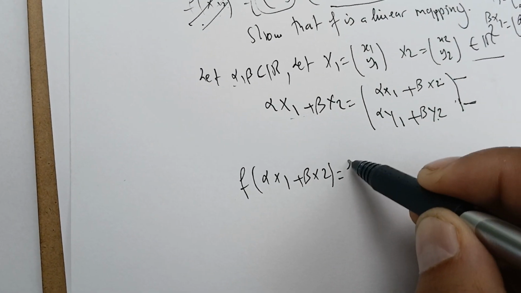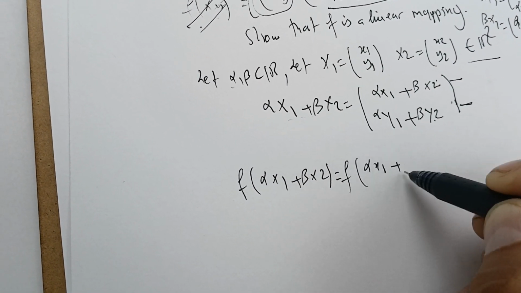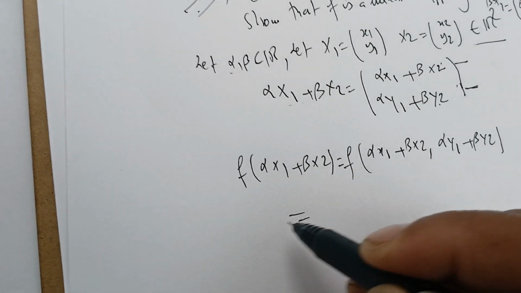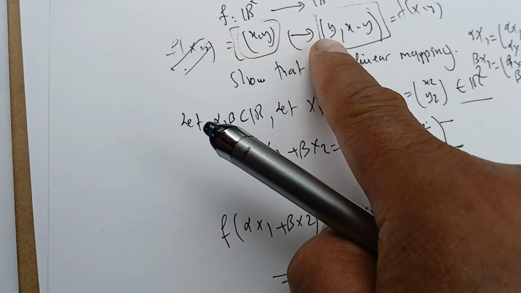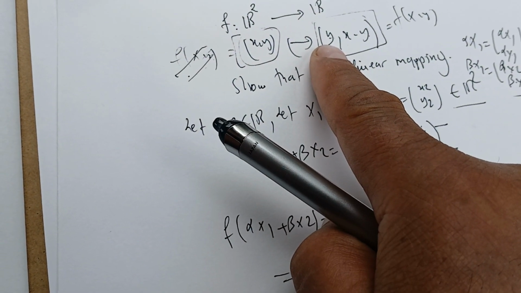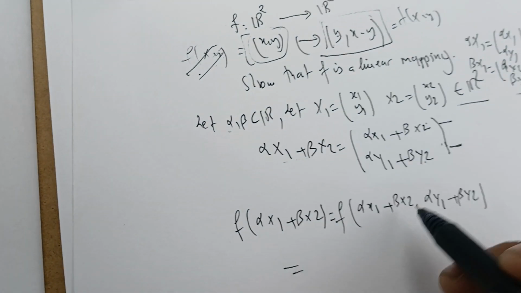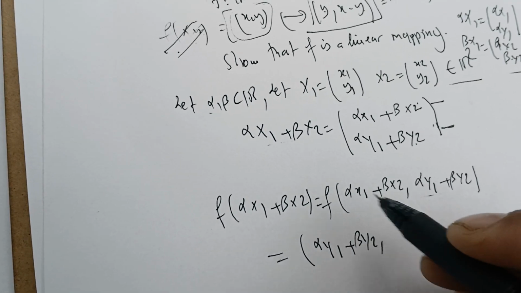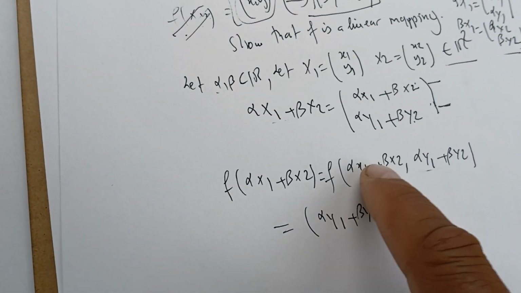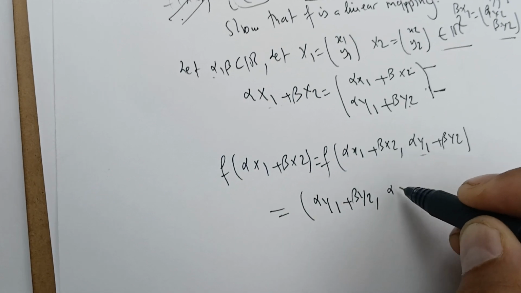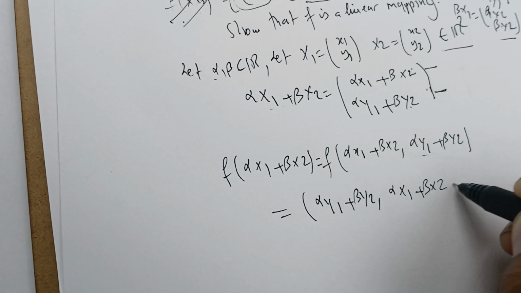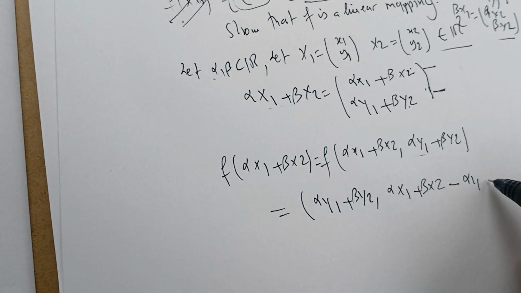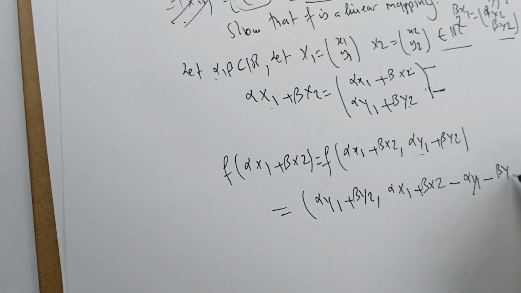So here we have f(αx1 + βx2, αy1 + βy2). The first component in the image is y, which is αy1 + βy2. The second one is x − y, where x is the x component, αx1 + βx2, minus y, which is αy1 + βy2.